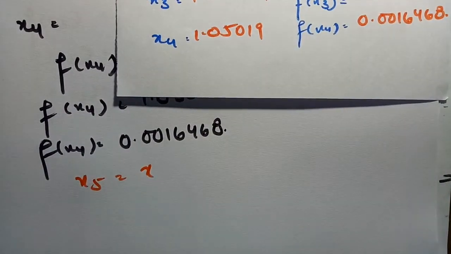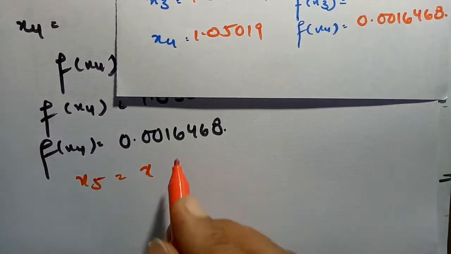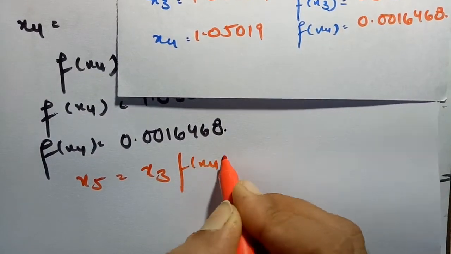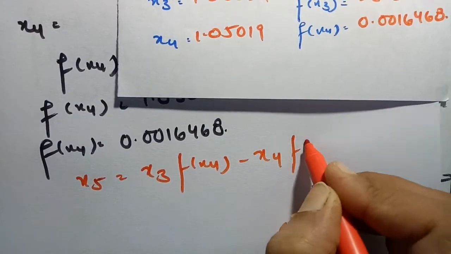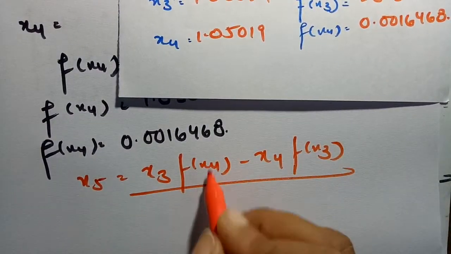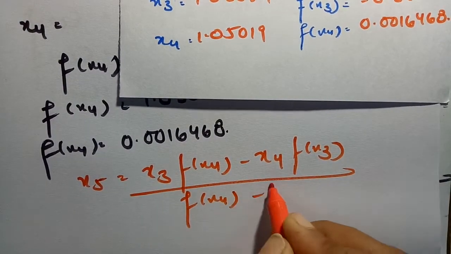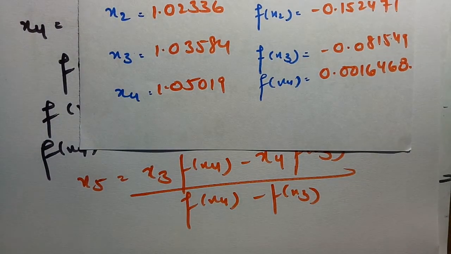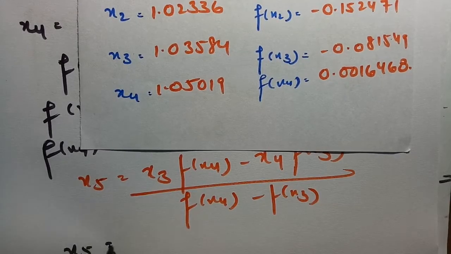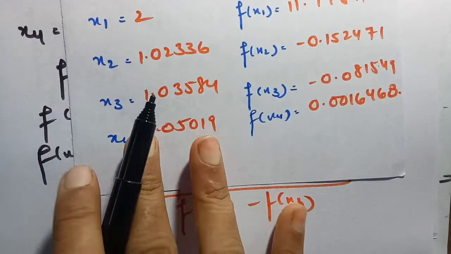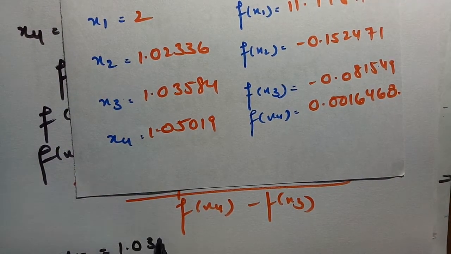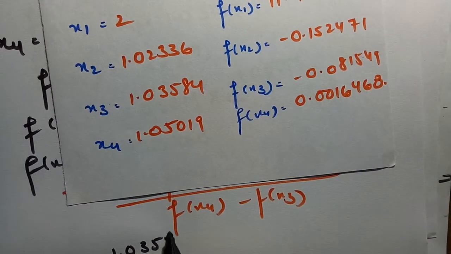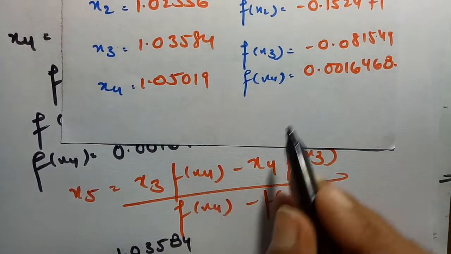So x5 is nothing but, if I reduce 2 here, this will be x3 after x4, and if I interchange x4, this is x3, if I bring it down, this will be x4 minus f of x3. So all the values are ready here. If I substitute, x5 value will be, what is x3 value? This is nothing but 1.03584, and this one is f of x4.